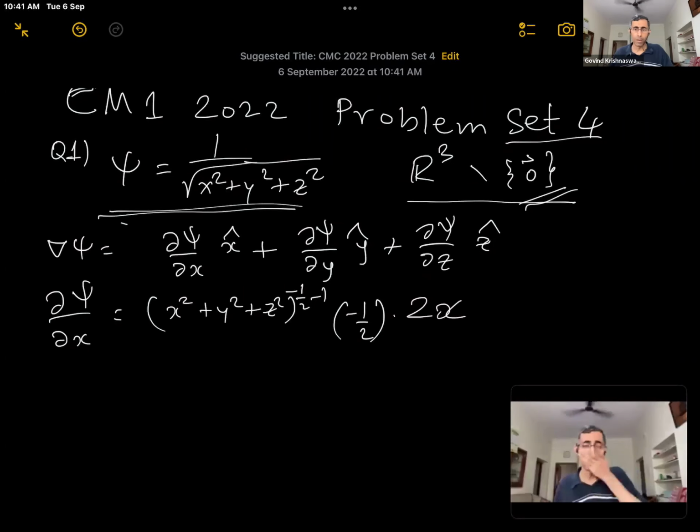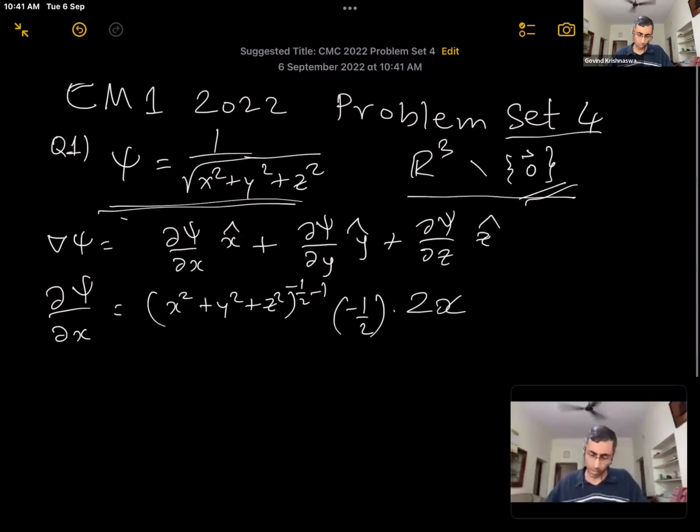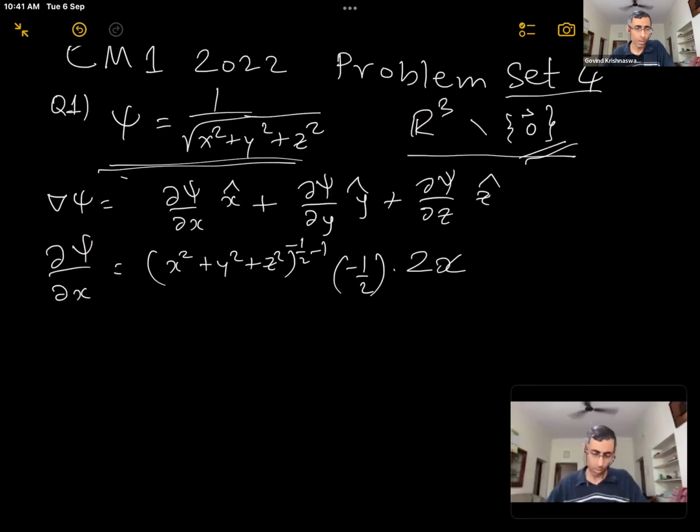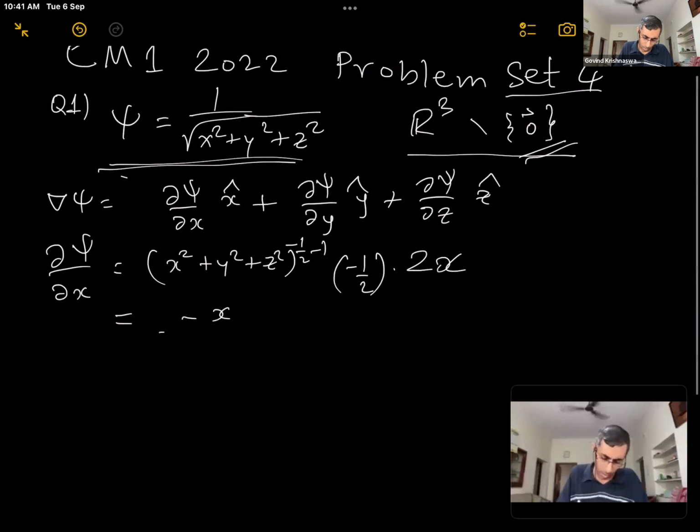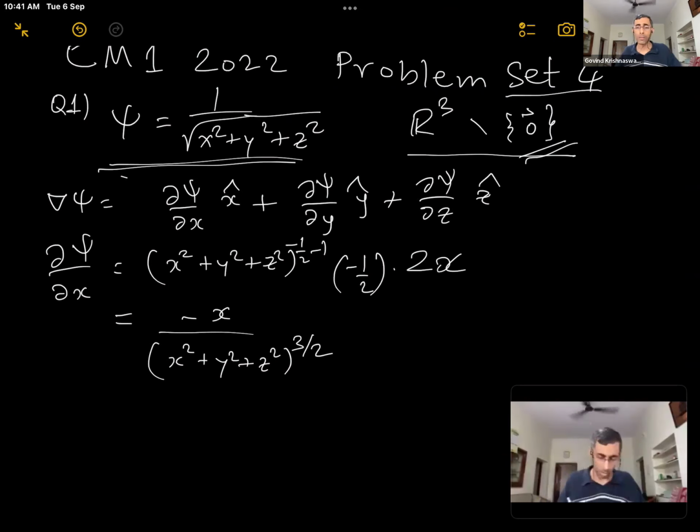I presume you have all tried this out, so do stop me if anything is unclear here. If we simplify this, it is minus x upon (x squared plus y squared plus z squared) to the power of 3 by 2. Are you with me so far?